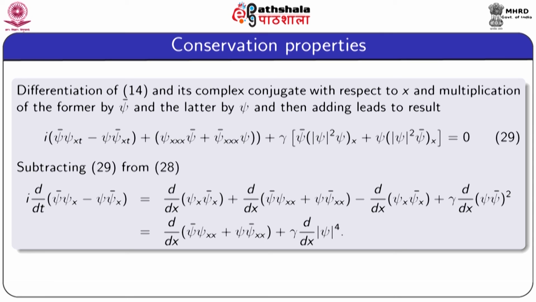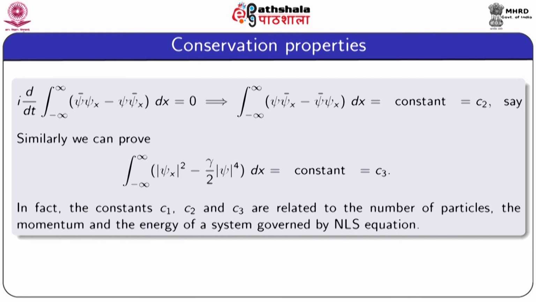Now, we integrate both sides with respect to x in the whole real axis to obtain i d/dt of the integral of (psi bar psi x minus psi x bar psi) dx equals 0. That means the quantity, the integral of (psi x bar psi minus psi bar psi x) dx, remains constant, and let that constant be C2.